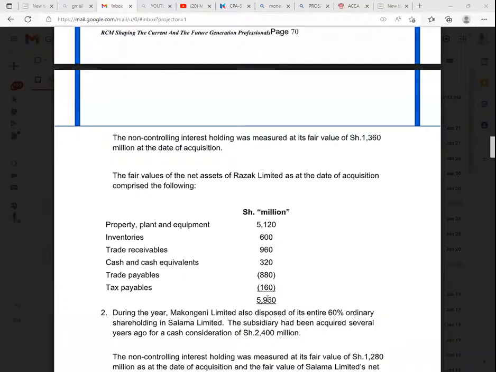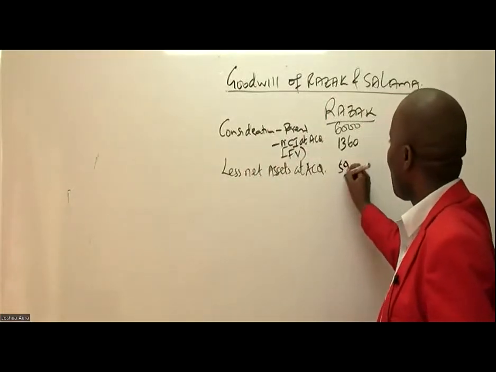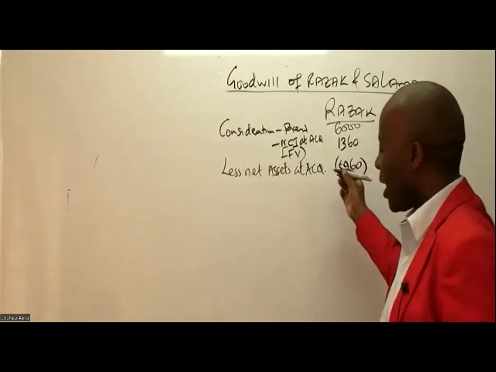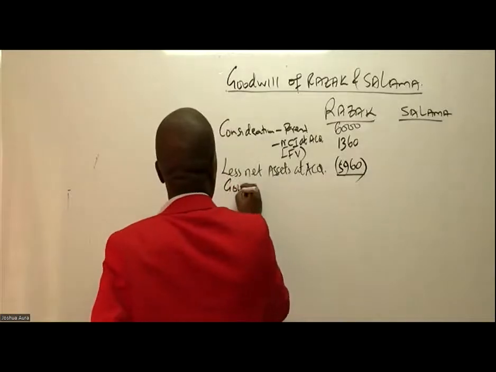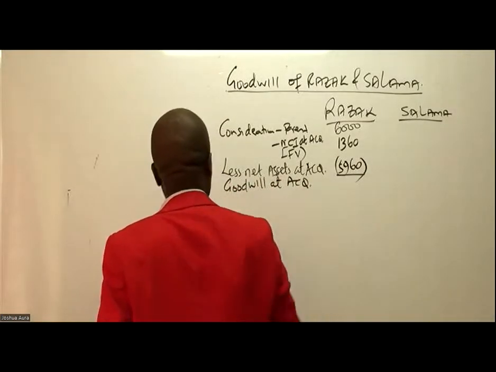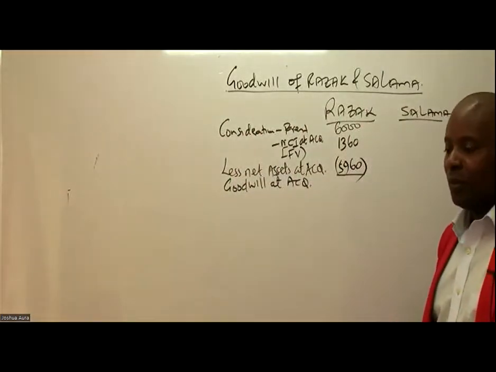The total here is 5960. So this I'm supposed to subtract. Could you kindly come here and give me the goodwill at acquisition?